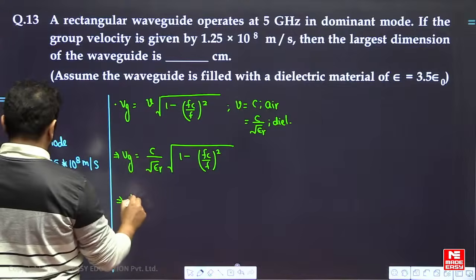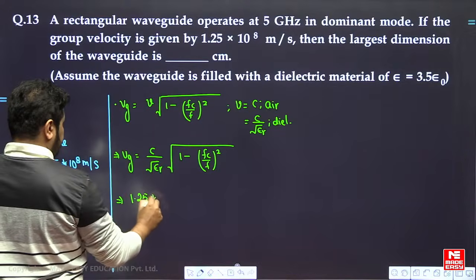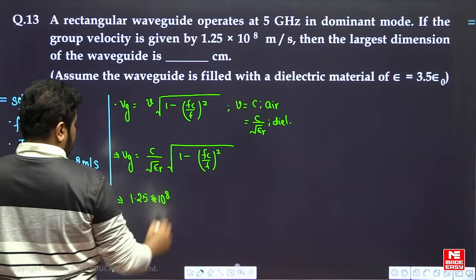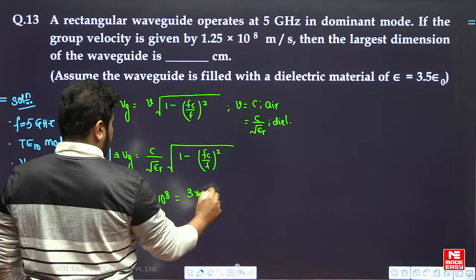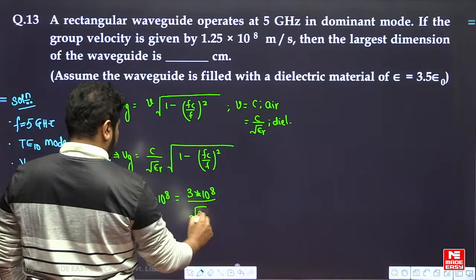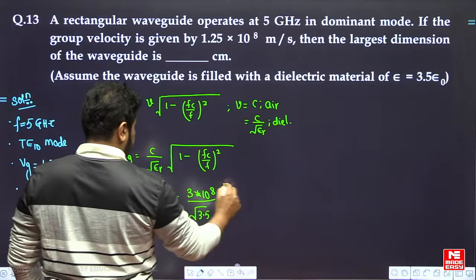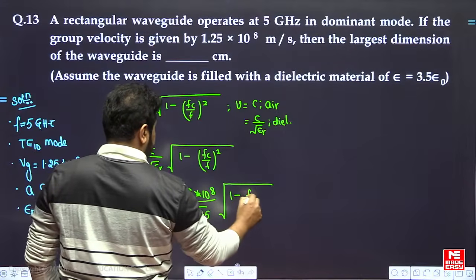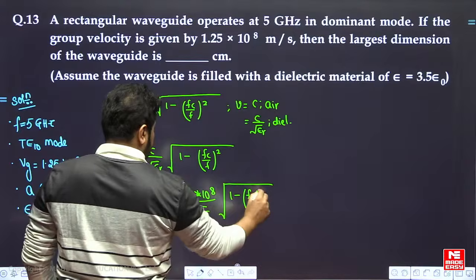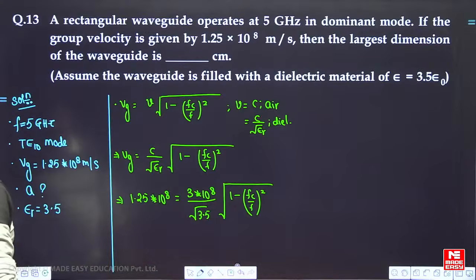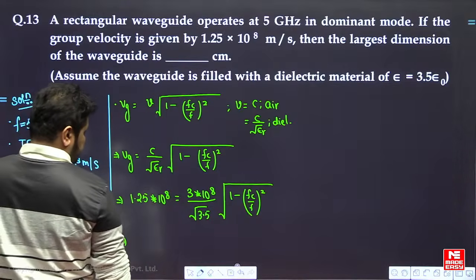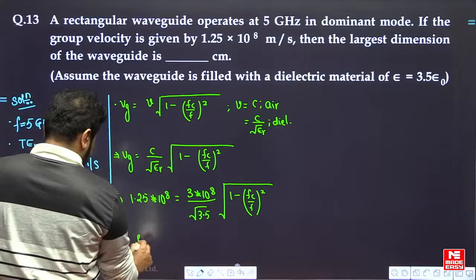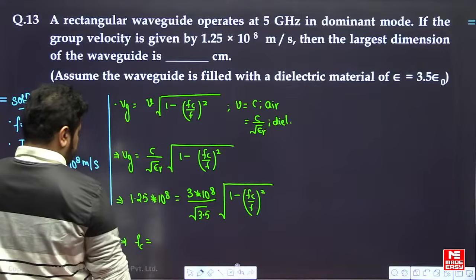Vg is 1.25 into 10 to the power 8, C is equal to 3 into 10 to the power 8, root under epsilon r is root under 3.5, root under 1 minus Fc upon F whole square. So from here I will get the cutoff frequency.